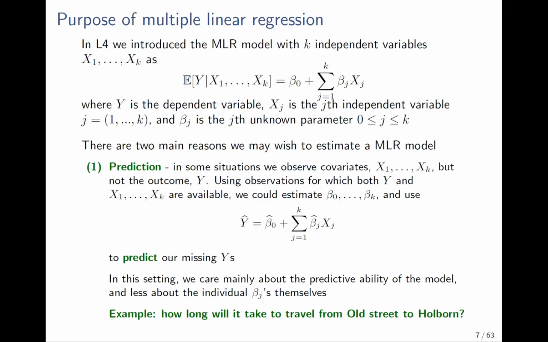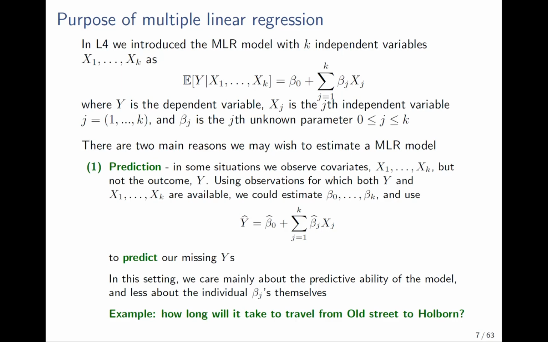Now, in what sort of situations might we know x but not y? Well, it might be a situation where we know how x is going to change in the future and we want to predict what that's going to do to y. So we build a model, let's say this model here, using today's data for when we can observe both y and all the x's, and then we predict y for the future by plugging in a new x that we expect to happen.